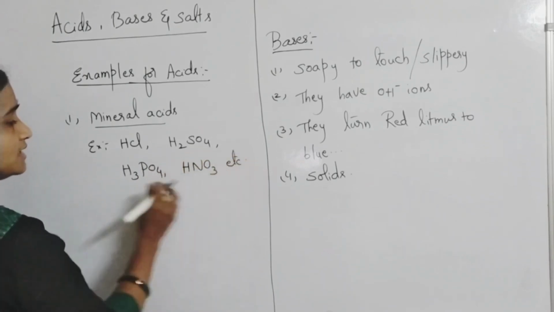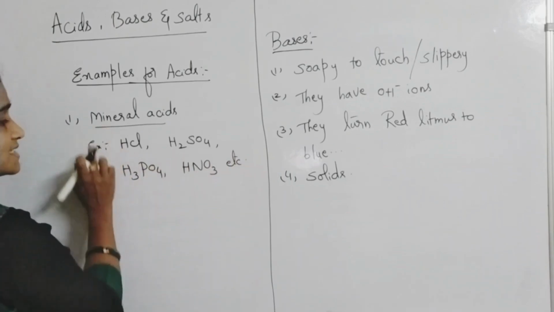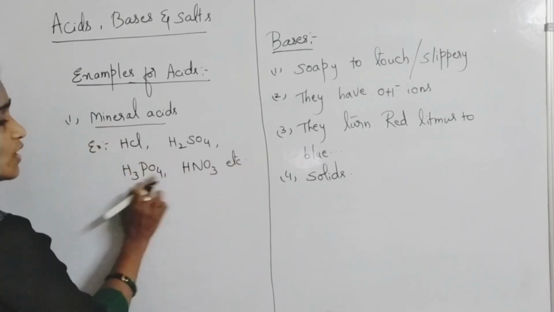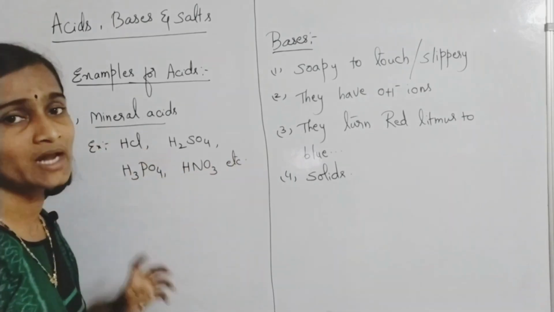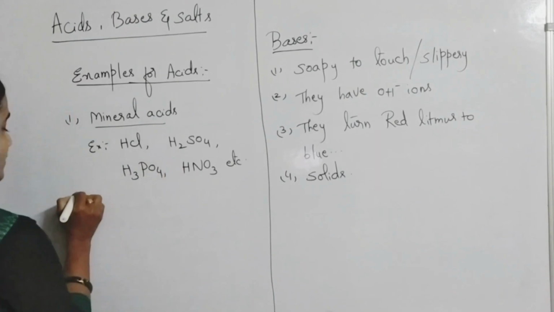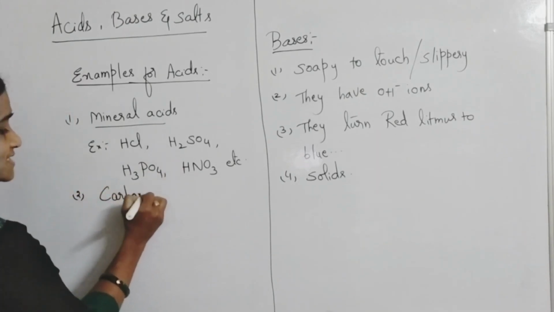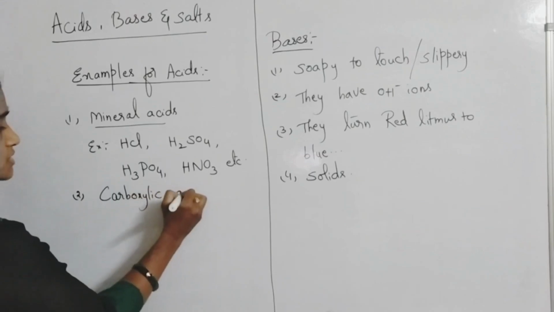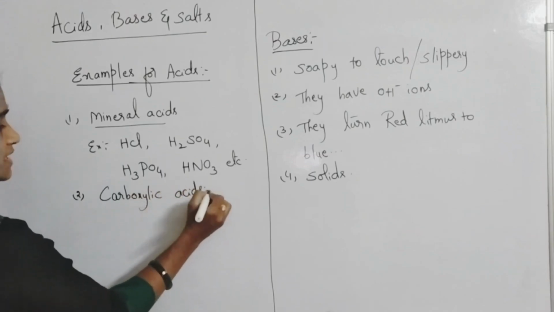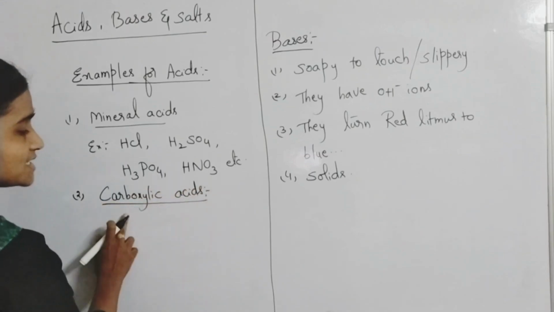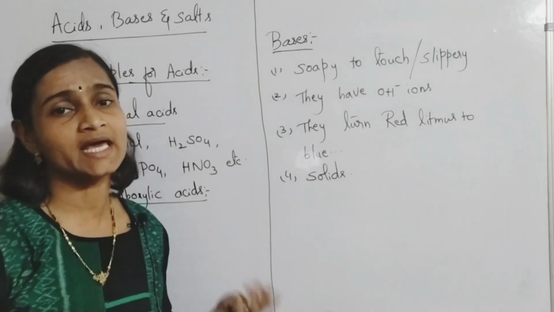These are all called mineral acids. They have H plus ion as the common ion. And the second type of acids are called carboxylic acids, which are considered to be organic acids.